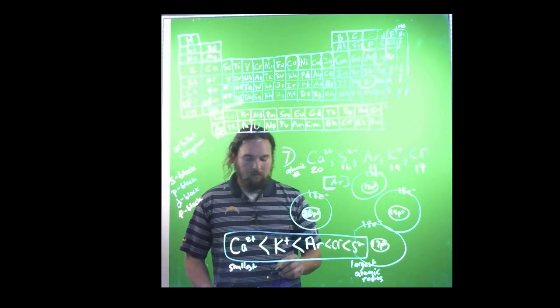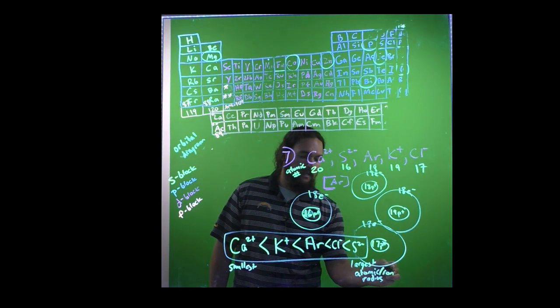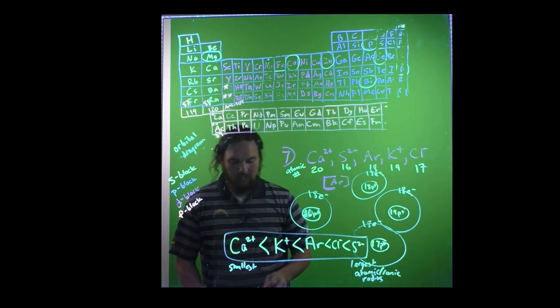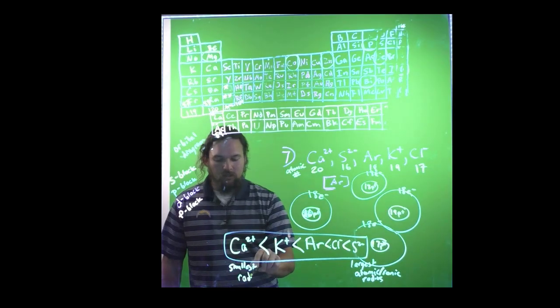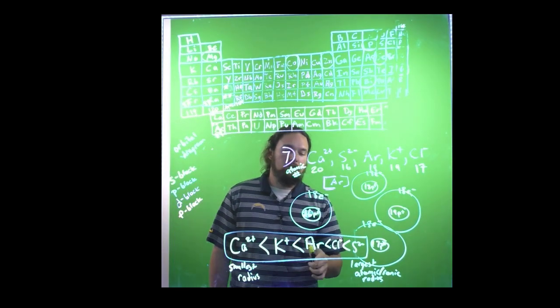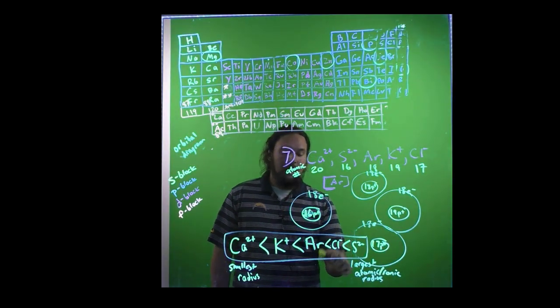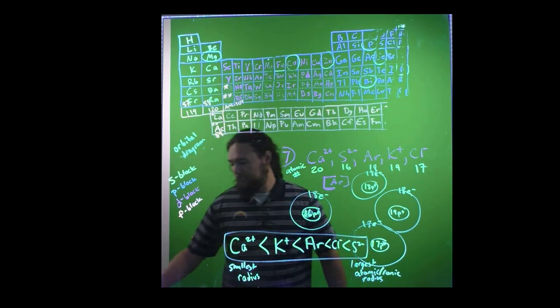The thing to remember, or ionic radius in the case of all of these ions, is that the take-home message is, if everything else is the same, cations are smaller than anions because they have more positive charge pulling it in.